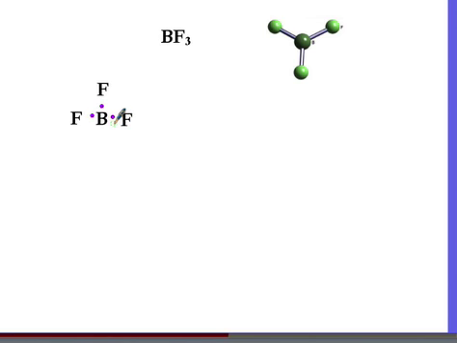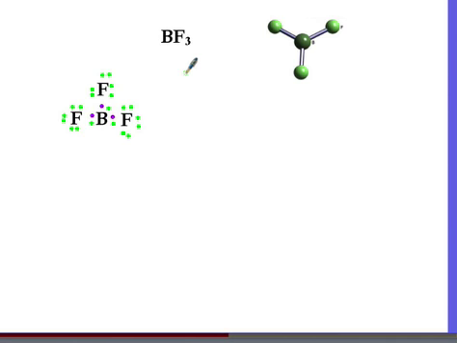We have 1, 2, 3, 4, 5, 6, 7. 1, 2, 3, 4, 5, 6, 7. And then 1, 2, 3, 4, 5, 6, 7.